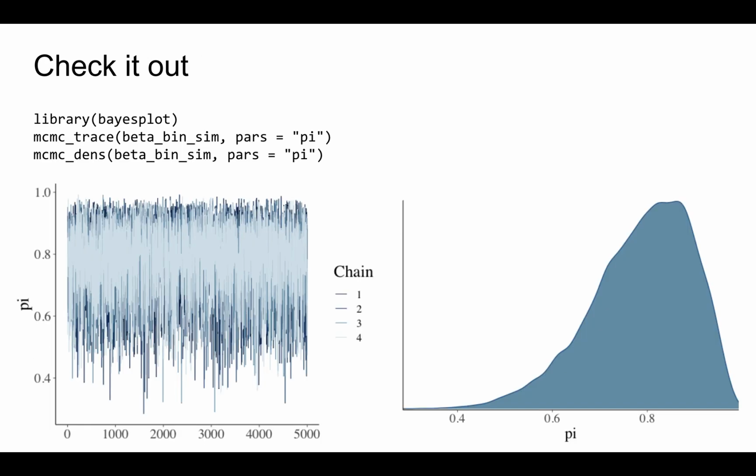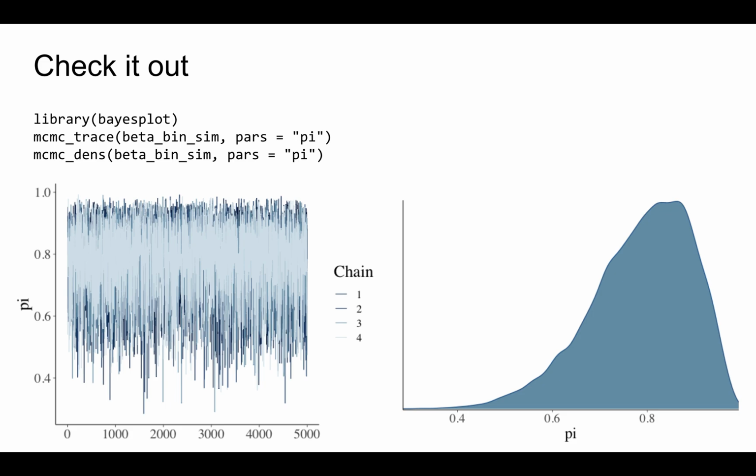We've now defined and simulated our beta binomial model and are ready to check the results. On the left, we see trace plots for our 4 chains. These display, in sequence, the collection of pi values in each of the 4 chains. Again, each of these chains includes 5,000 pi values. On the right, we observe a density plot of the combined 20,000 pi values from each of the 4 chains.